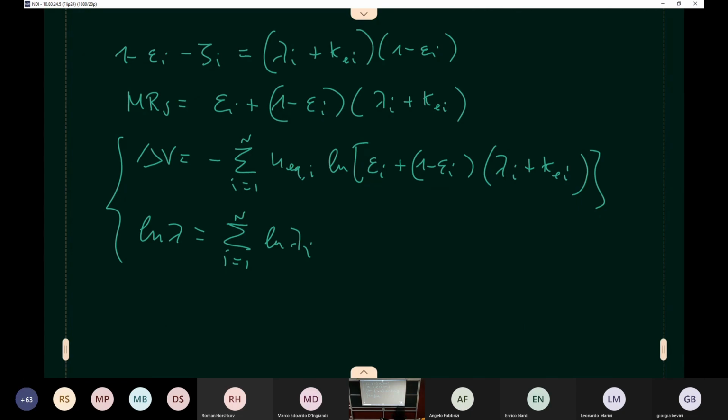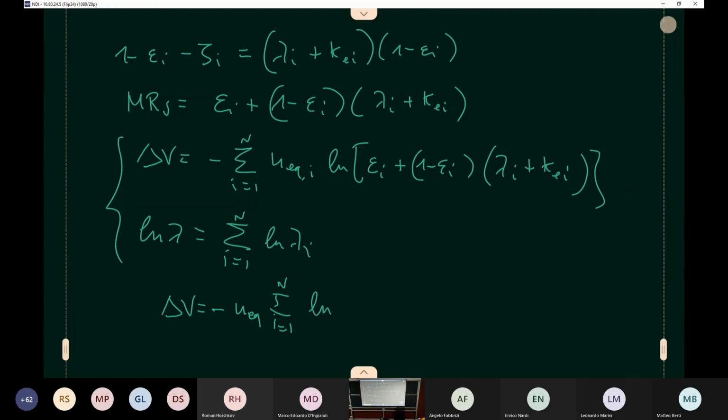So in this case, the equation for delta V will simplify. Sum for I equal 1 to n.